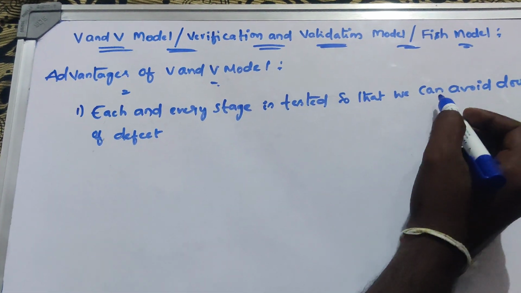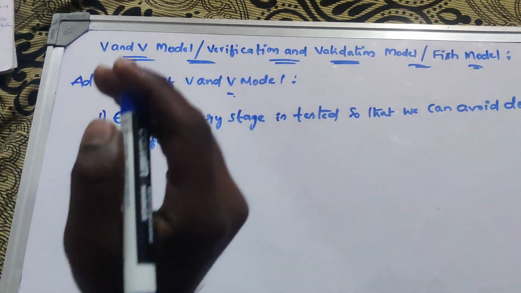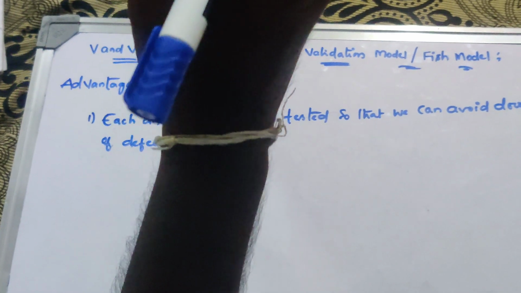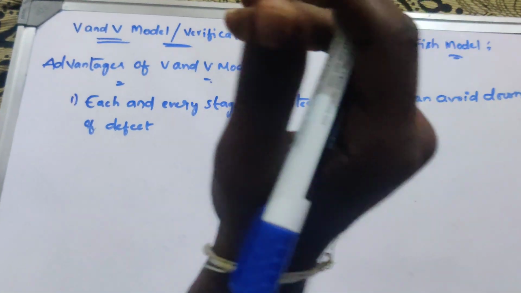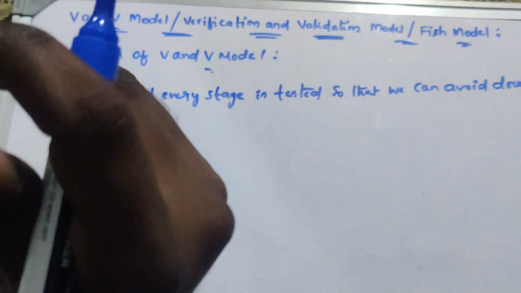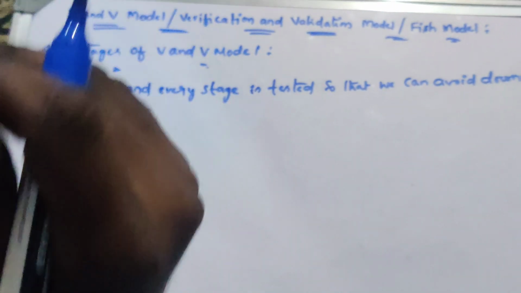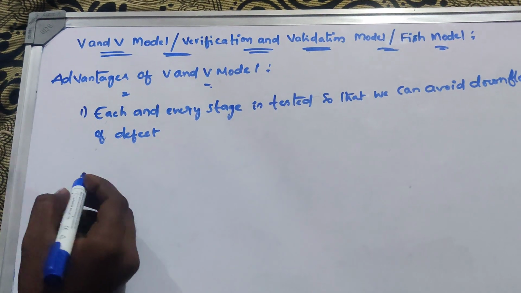We can avoid the downflow of the defect means if you are testing each and every stage, the defect in the requirement collection cannot flow down to the design stage, and the defect in design does not flow down to the high level design, and so on. So that is how we can avoid the downflow of the defect.